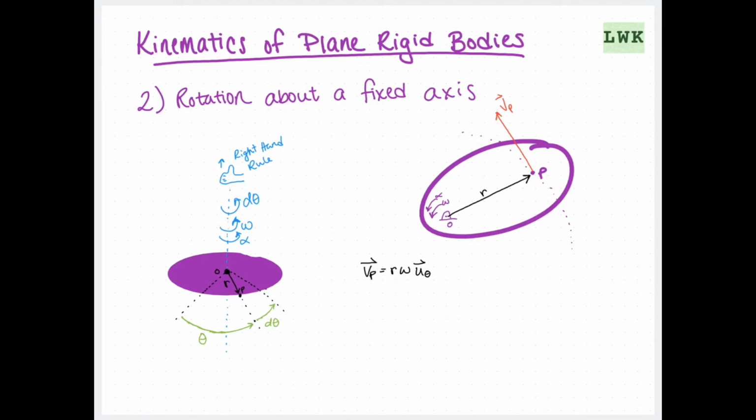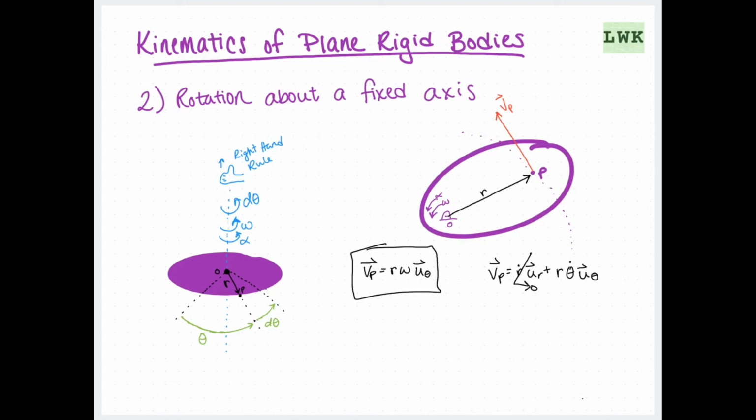We derive this because VP equals R dot UR plus R theta dot U theta, and the first term is going to become 0 because R is going to be a constant. So VP is going to end up being equal to R theta dot U theta, and as we just defined, theta dot is omega.